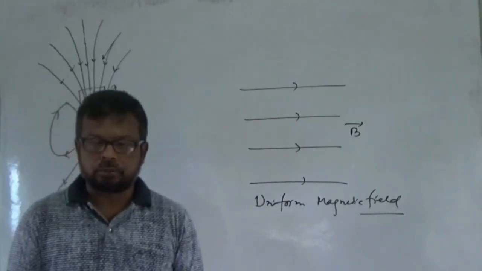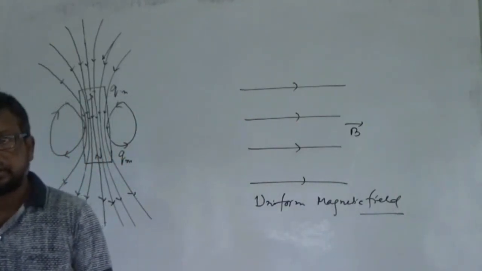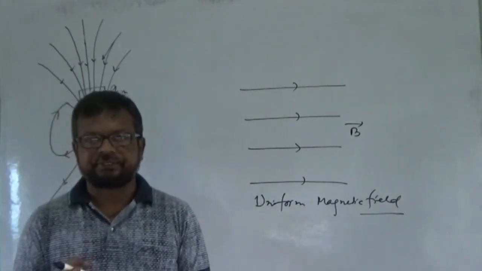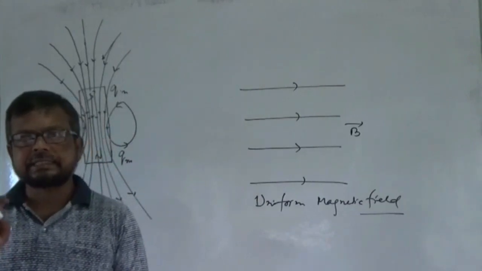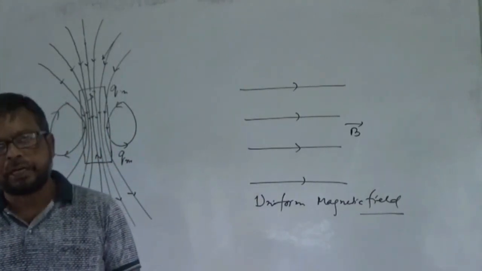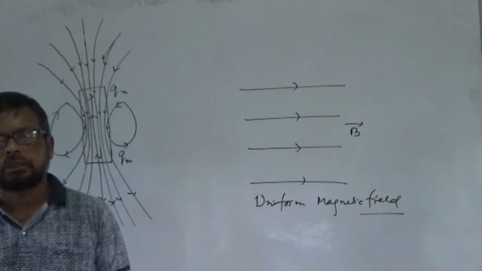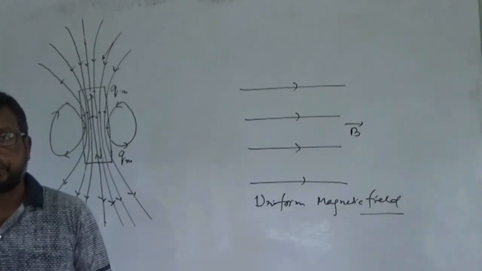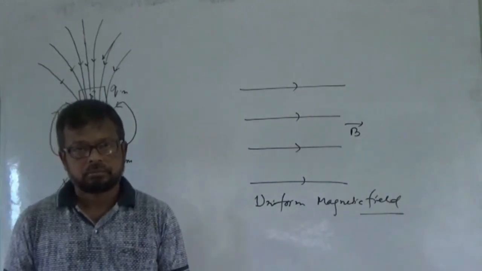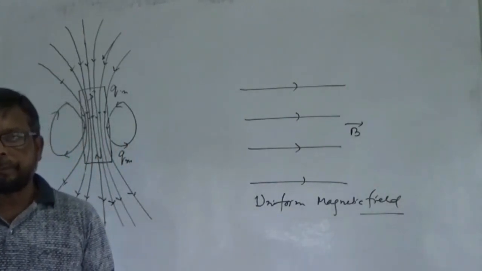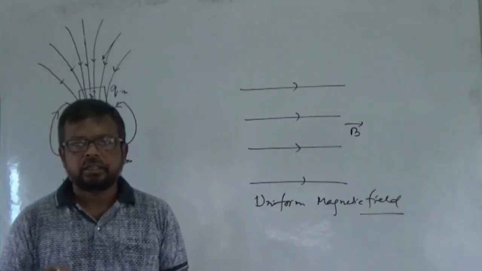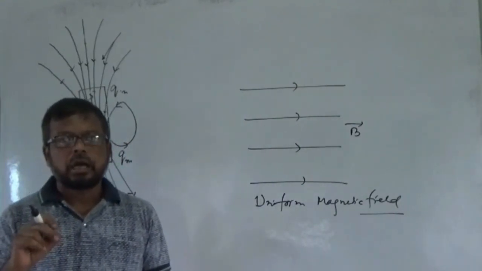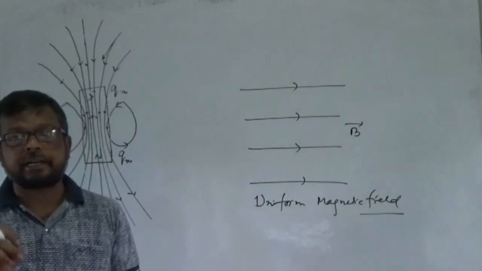And there is also non-uniform magnetic field. Magnetic field in a region is non-uniform if it has different strength at different points or different direction at different points. Clear? Non-uniform magnetic field is represented by converging lines, diverging lines or unequally spaced parallel lines also.